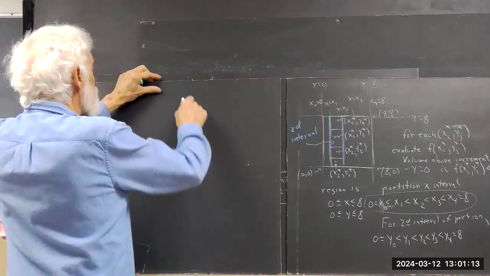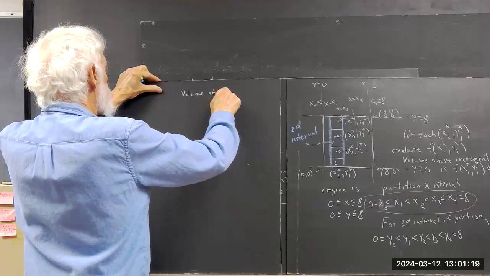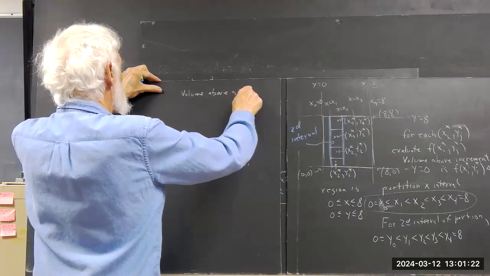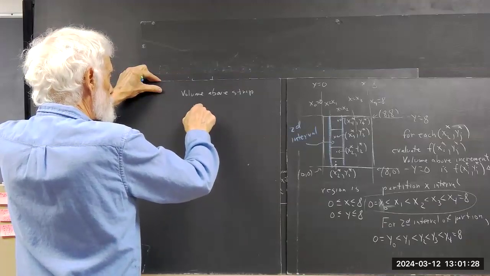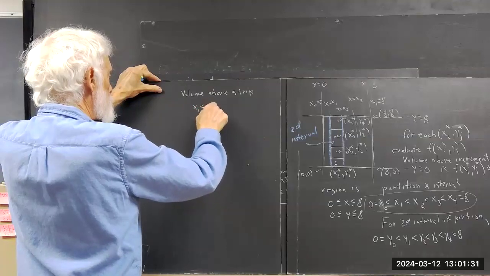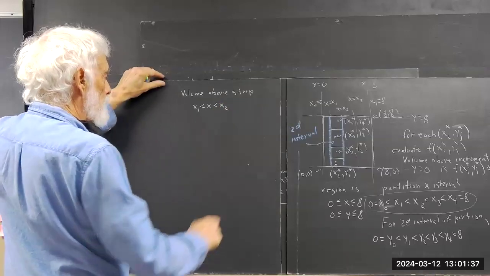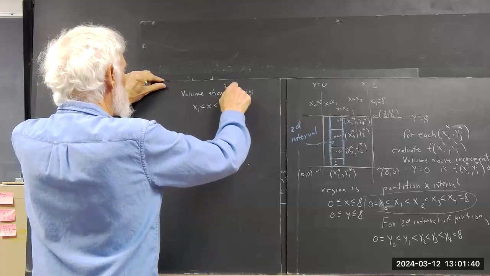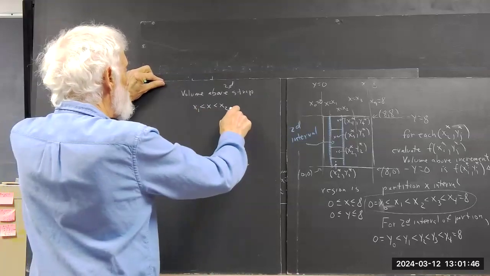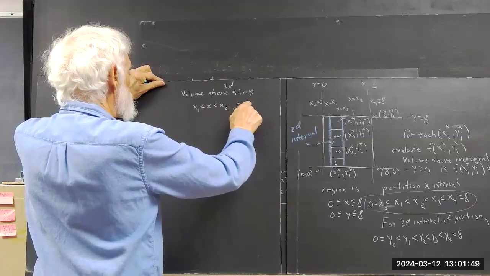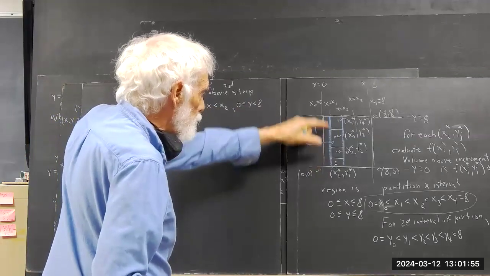So well, the second strip is x1 less than x less than x2, and 0 less than y less than 8.